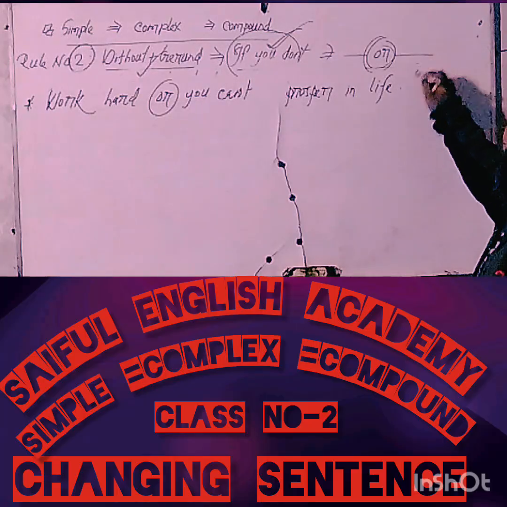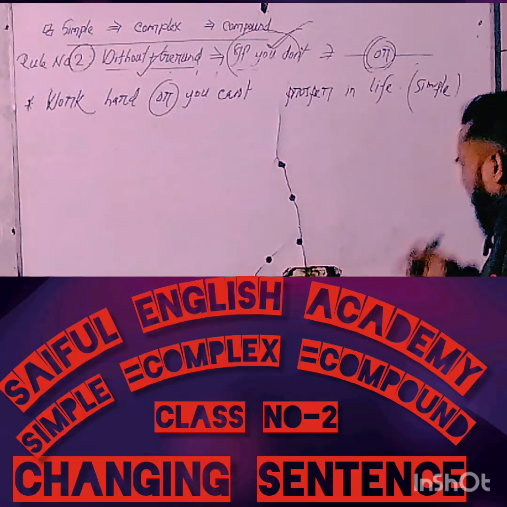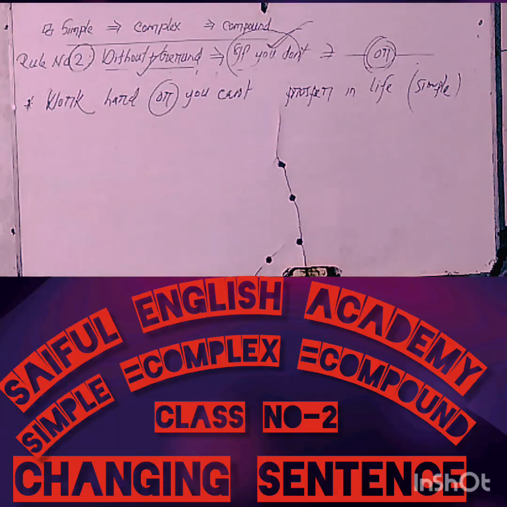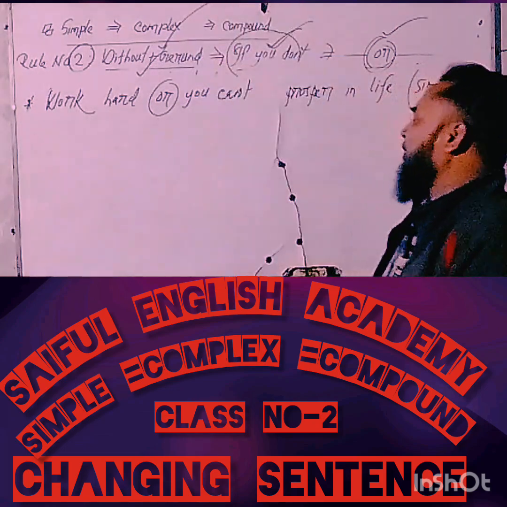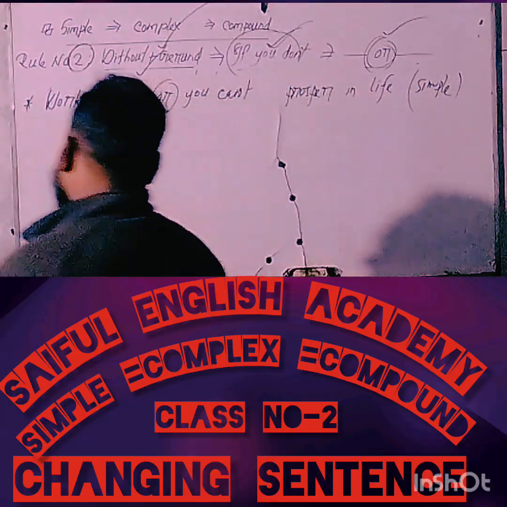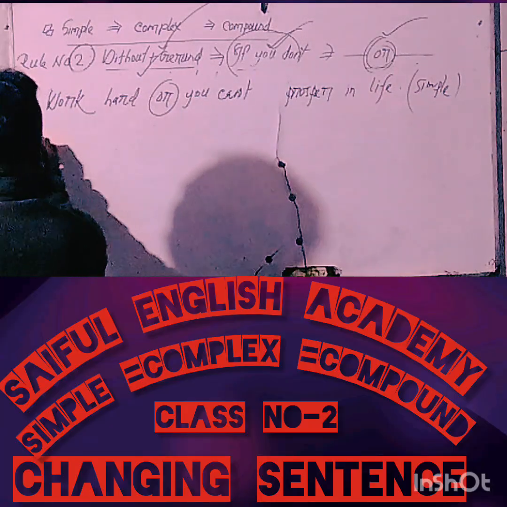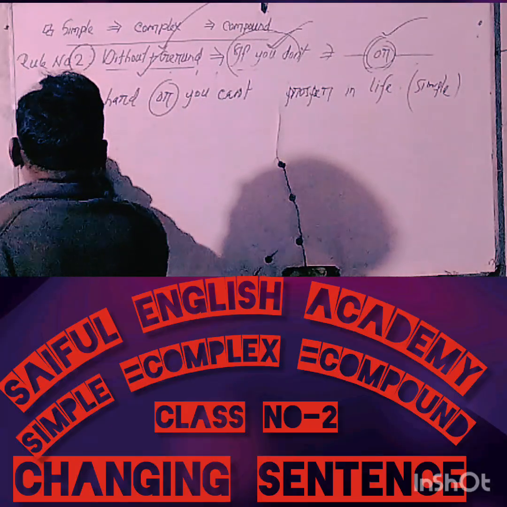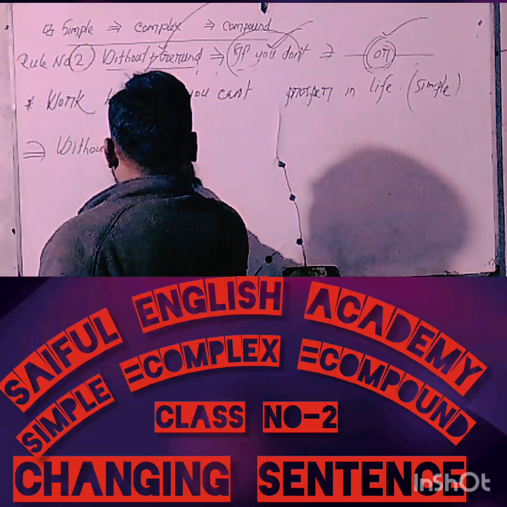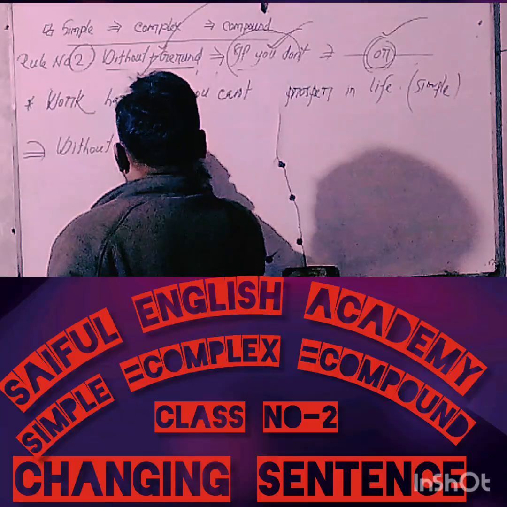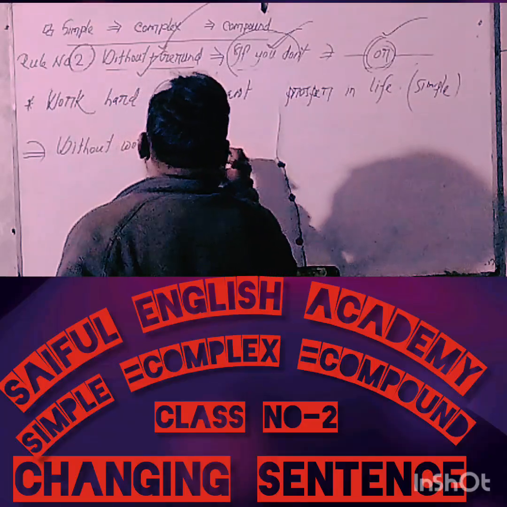Suppose you are told to change such a statement into a simple sentence. Now, what's the relationship of or at the time of changing into a simple sentence? Of course, or and without plus gerund. Without plus gerund. Okay, start solving: Without working hard.